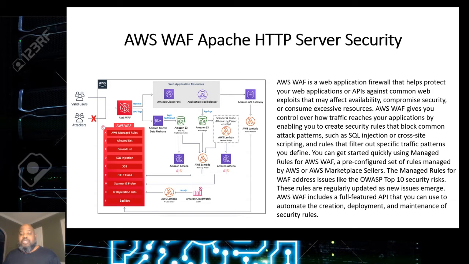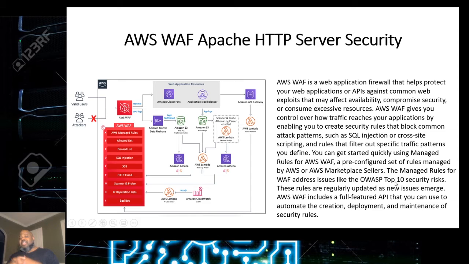The managed rules for the WAF address issues like the OWASP Top 10 security risks. If you look in my videos, I did a video on the OWASP Top 10. The rules are regularly updated as new issues emerge. The WAF includes a full-featured API that you can use to automate the creation, deployment, and maintenance of security rules.